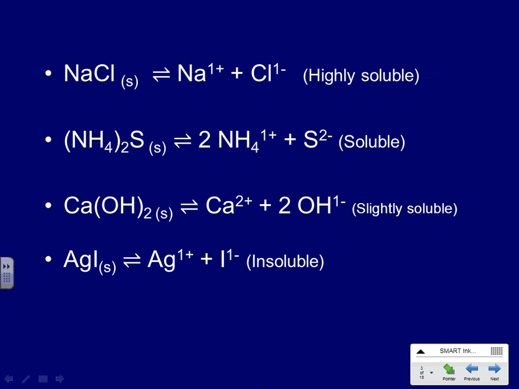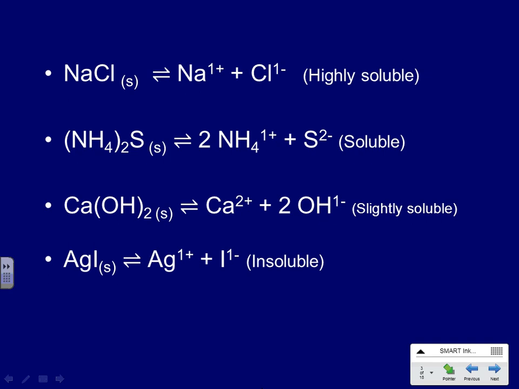Notice we're using the equilibrium arrows, and that reflects the fact that solubility is an equilibrium situation. What that means is in a beaker that has water, with a solid sitting at the bottom and a saturated solution above it, we have continuous dissolving and continuous solidification going on as that system sits there. So again, it's an equilibrium situation.